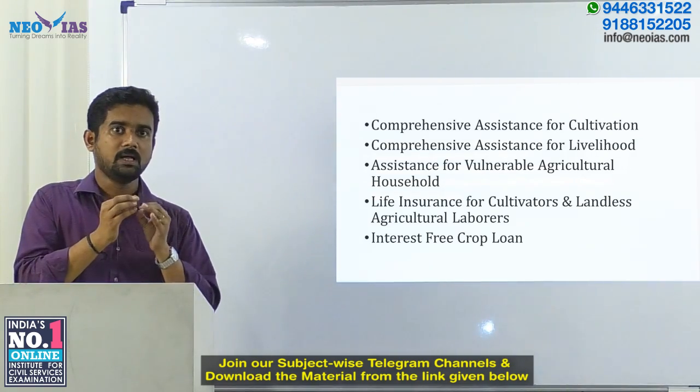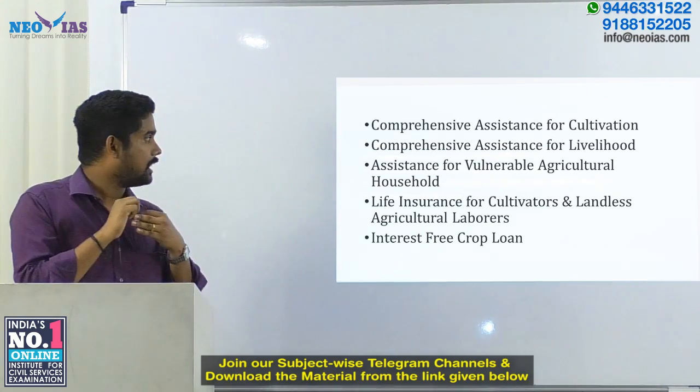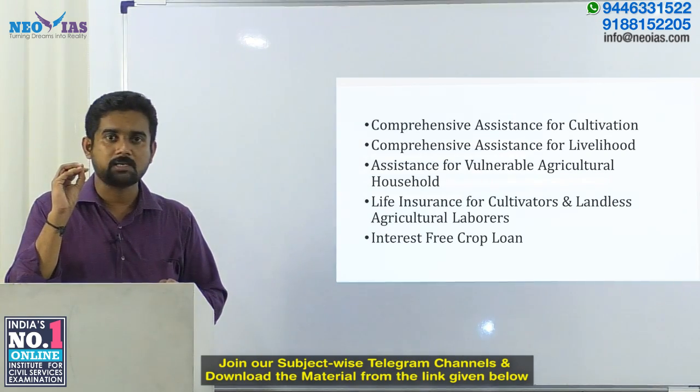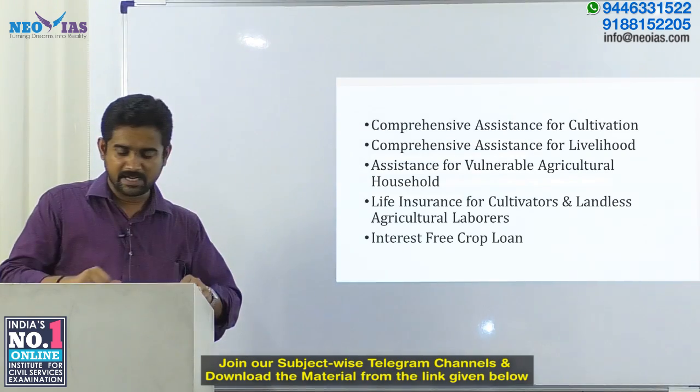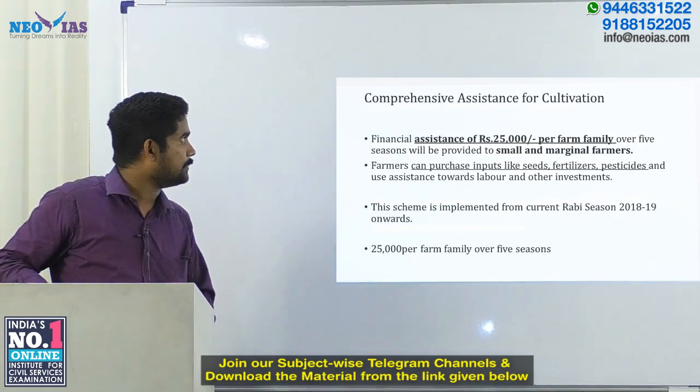Those people who are in the vulnerable segment, especially in the agricultural fraternity, are being given assistance. The fourth one is life insurance for cultivators and landless agricultural laborers, and last but not least is interest-free crop loan. Let us now see the details of each component.